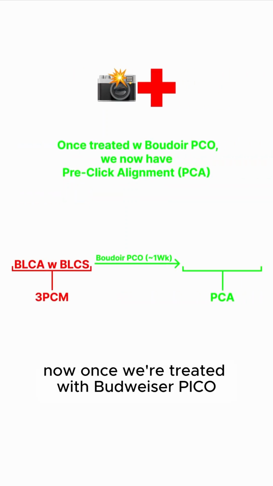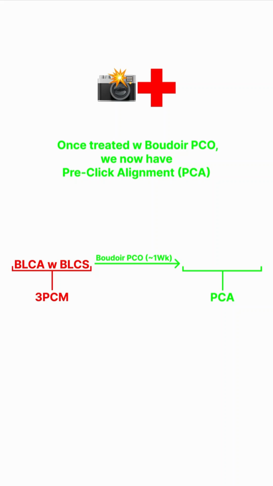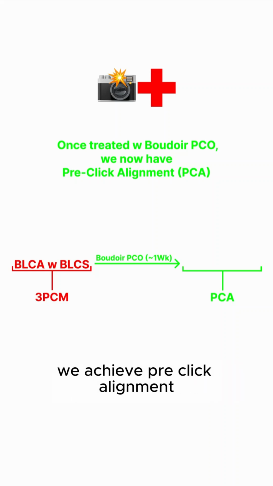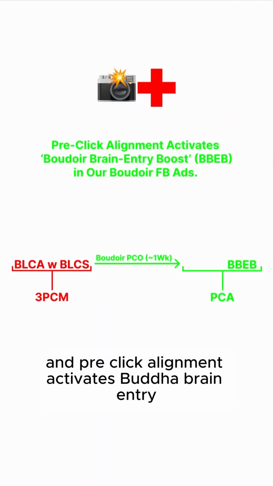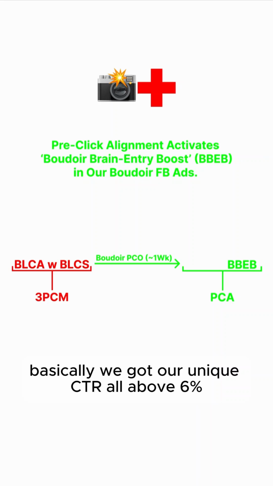Once treated with Boudoir Pico, we now have pre-click alignment, PCA. So we got rid of the 3 pre-click mistakes and achieved pre-click alignment. And pre-click alignment activates Boudoir brain entry boost in our Boudoir Facebook ads. Basically, we got our unique CTR all above 6%.